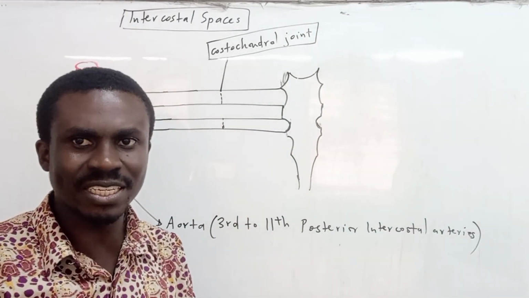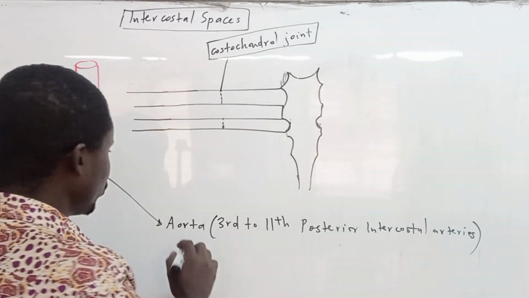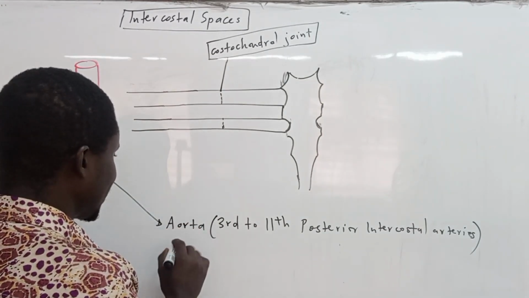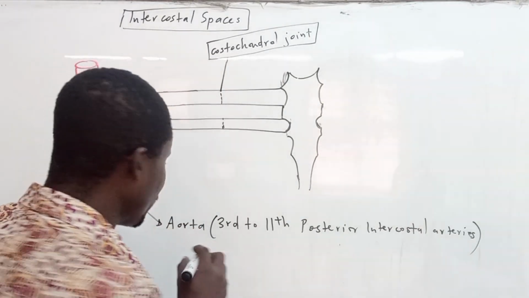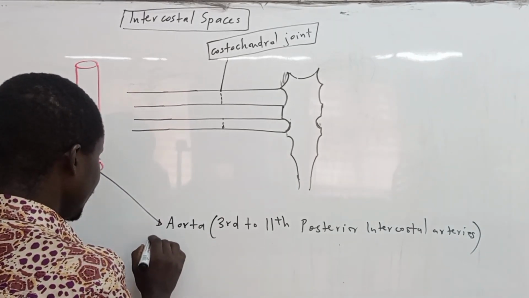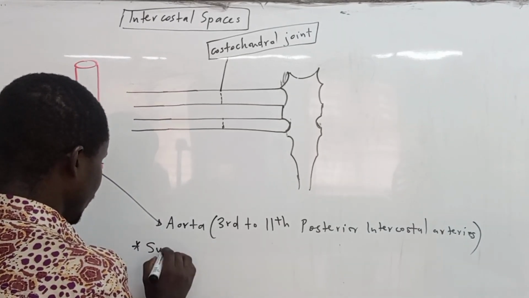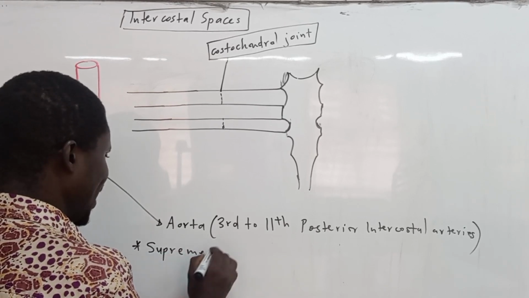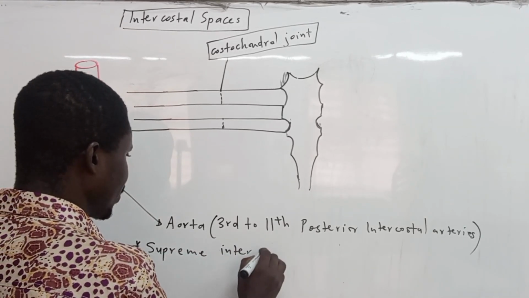So then the question is, how about the first? I want you to know that for now. The first will actually be coming from something we call the supreme or the highest intercostal artery.